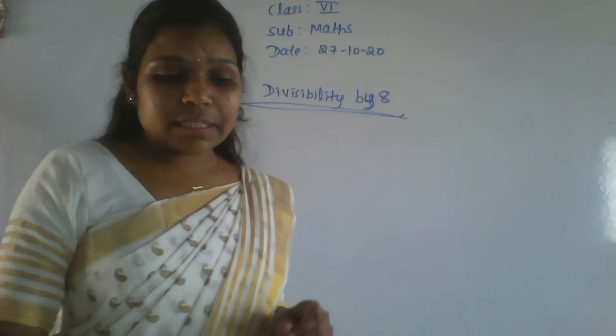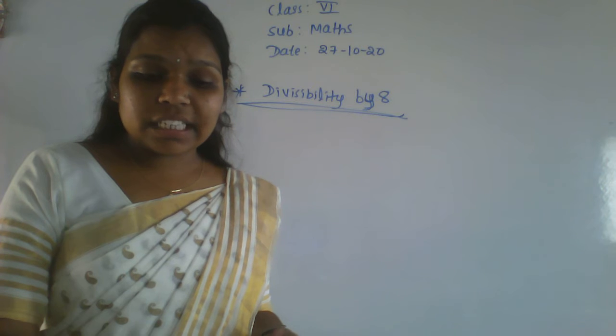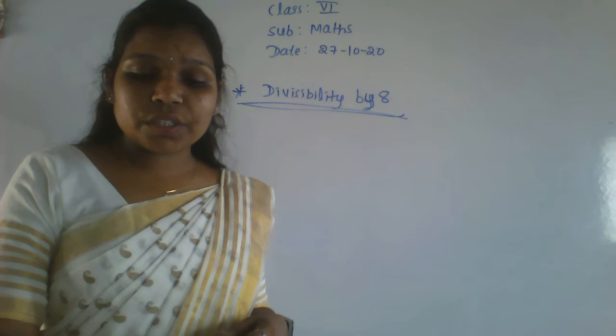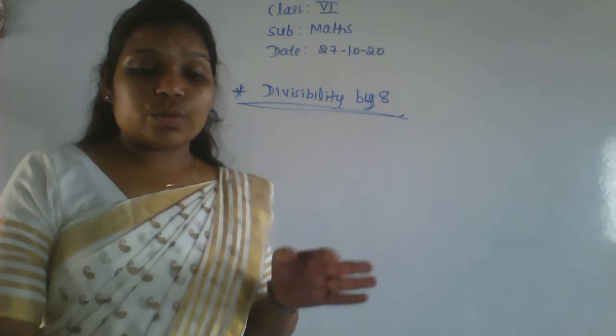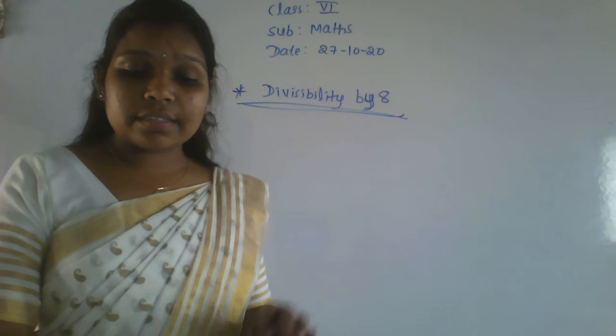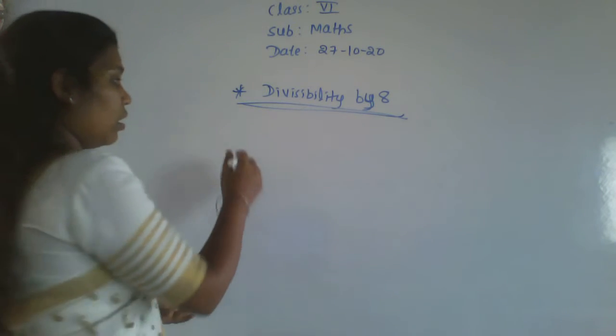Observe. A number is divisible by 8 if the number formed by its last 3 digits is divisible by 8. So a number is divisible by 8 means the last 3 digits are divisible by 8 only.